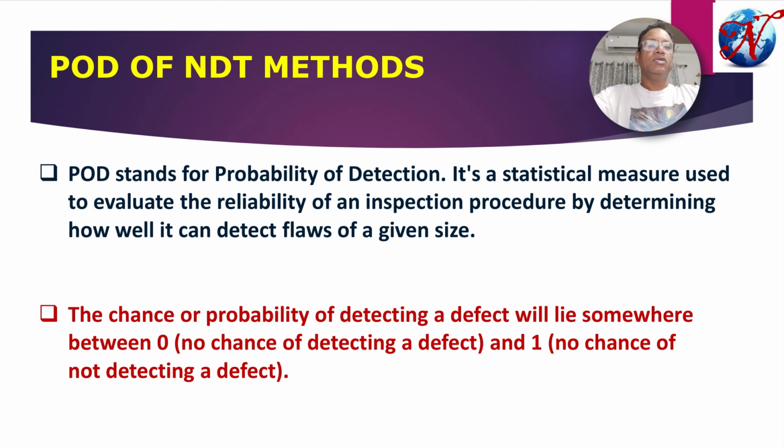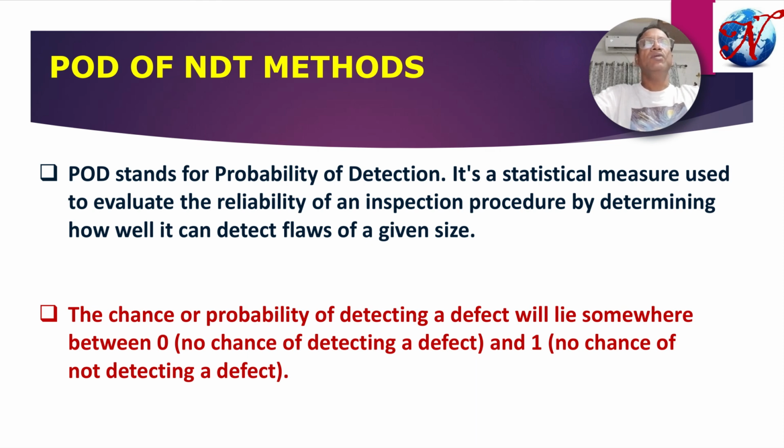all the defects in your inspection part have a different probability of detection by a particular non-destructive test. Suppose we are inspecting a weld job part, and we are considering defects like porosity, lack of fusion, sidewall fusion, crack in the longitudinal direction, crack in the transverse direction, slag inclusions, incomplete penetration.